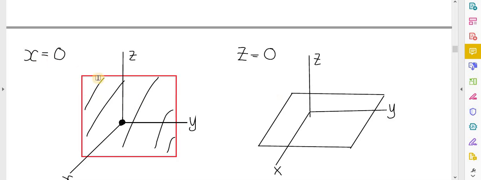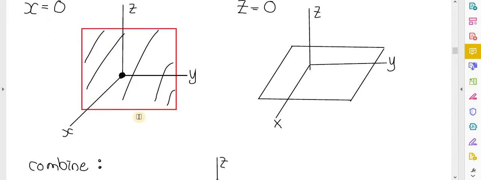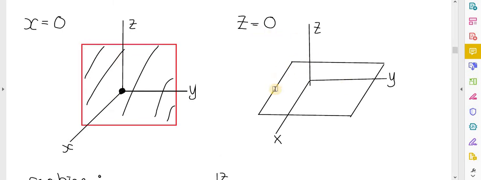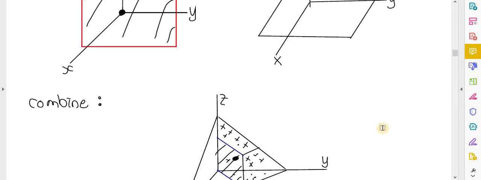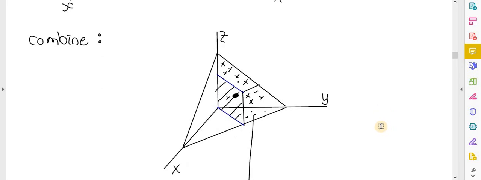Then the plane x equals 0 is here, and z equals 0. Imagine you have a plane, like a piece of paper, located at height z equals 0. When you combine them, it actually becomes like this. This is your triangle plane, and this is the equation x equals 2y, and you have the bottom.